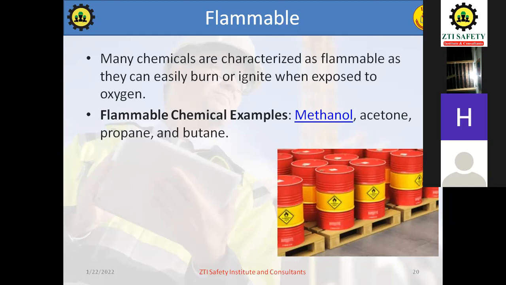Many chemicals are categorized as flammable as they can easily burn or ignite when exposed to oxygen. When the fire triangle and all the appropriate conditions are met, these chemicals can ignite automatically and burn. These flammable chemicals are methanol, acetone, propane, and butane, which have to be kept and stored in a very controlled environment.